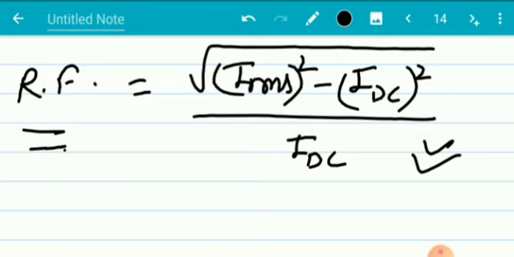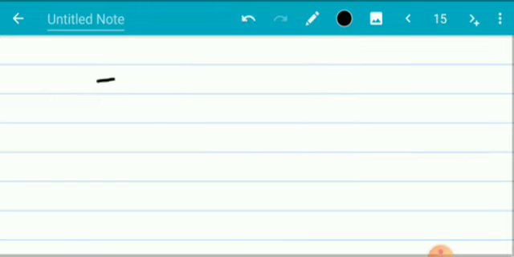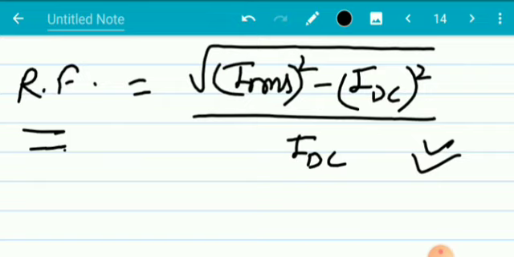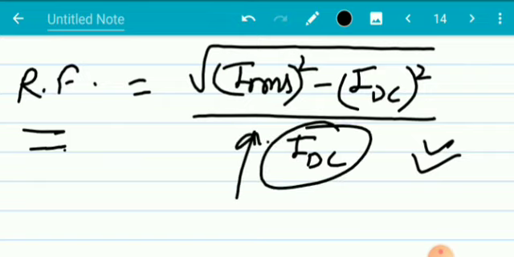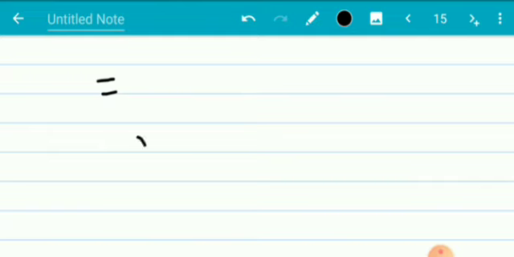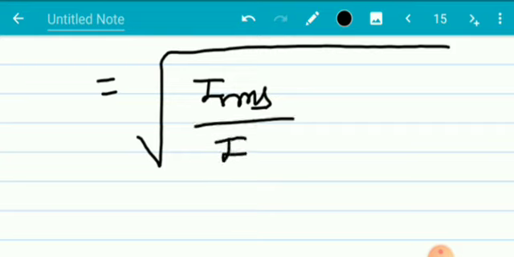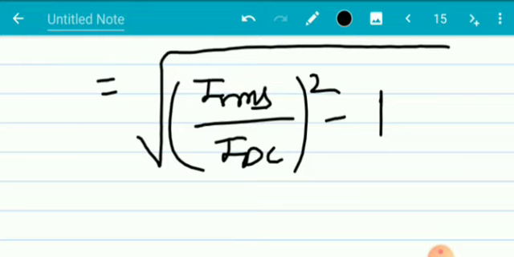Okay, now if we solve this further, if we take this IDC also under the root, we will write this as whole under root (IRMS divided by IDC) square minus 1.